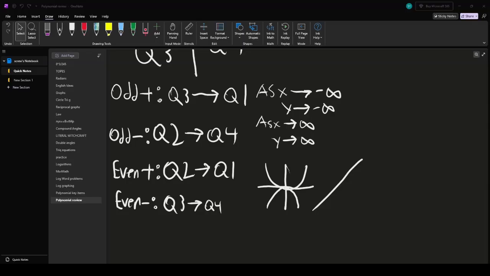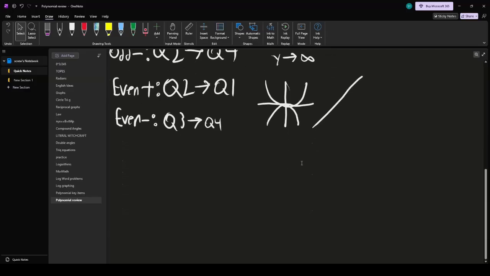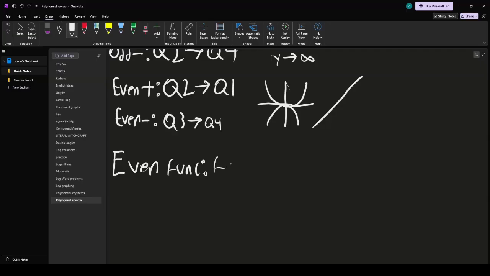Now, even and odd degree functions should not be confused with even and odd functions. So that's something we also need to know. An even function is defined as f(-x) = f(x).